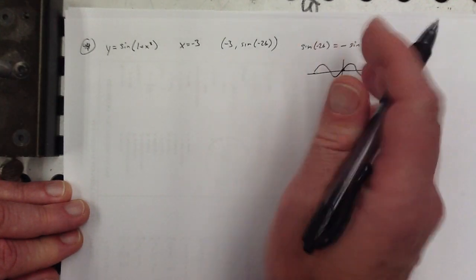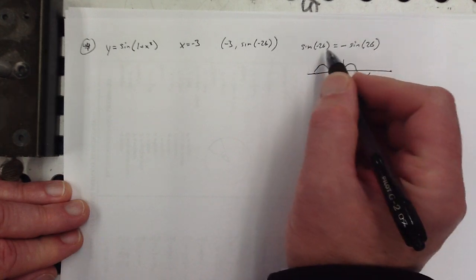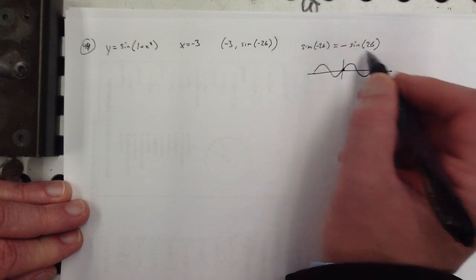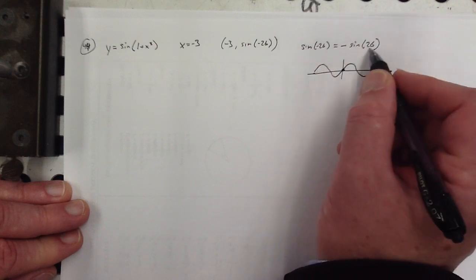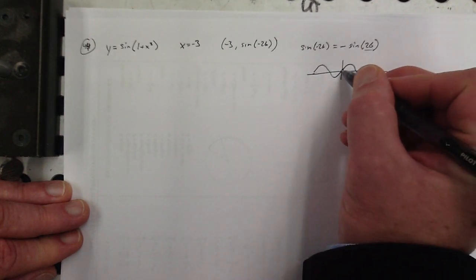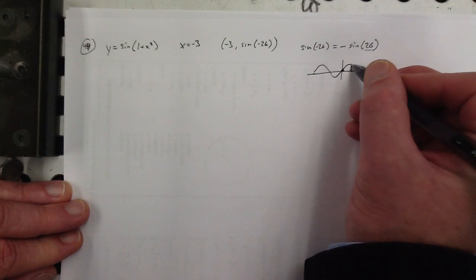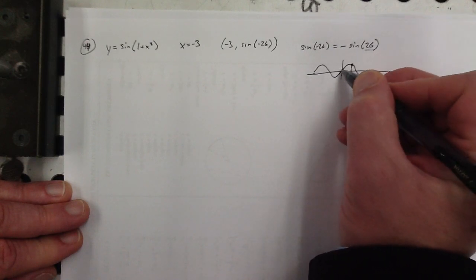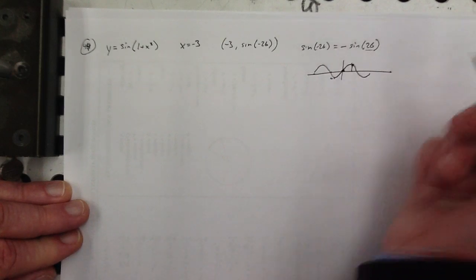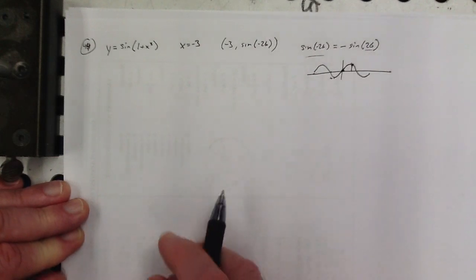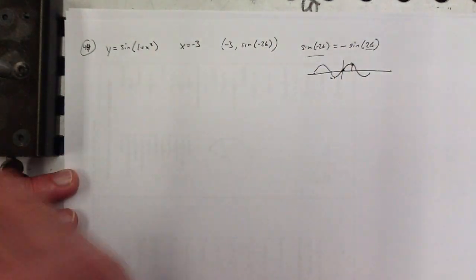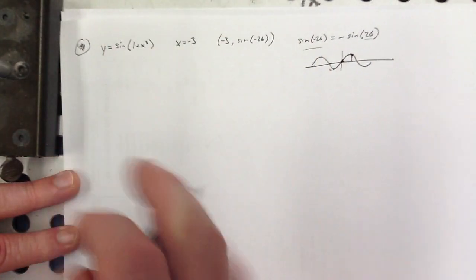So if you plug some number in and you get some y value, if you plugged in the opposite of it, you would get the opposite of it. I think in the book they might have done that. Just telling you that, so if you looked in the back and were confused about it.